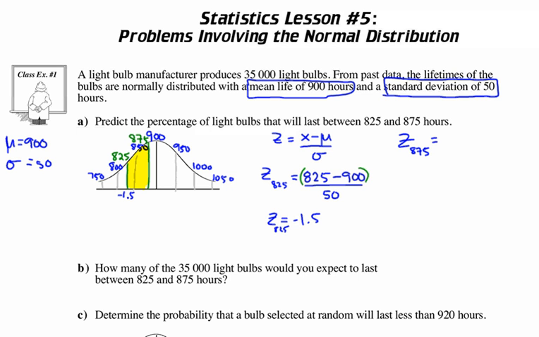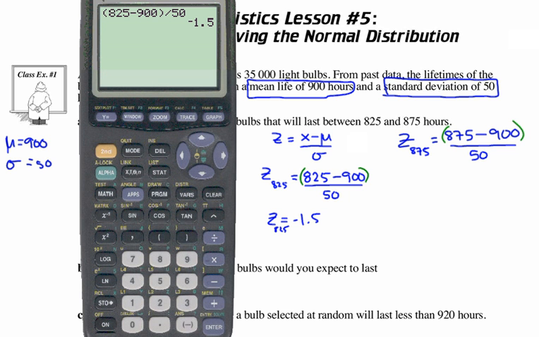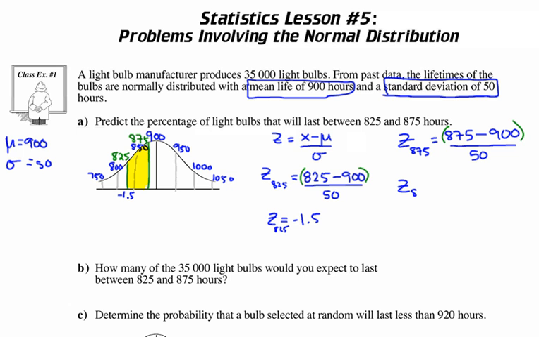So it's our value of 875 minus the mean divided by the standard deviation. Again, in your calculator, use brackets around your numerator. So that gives me 875 minus 900 divided by 50, and that's negative 0.5. So negative a half.